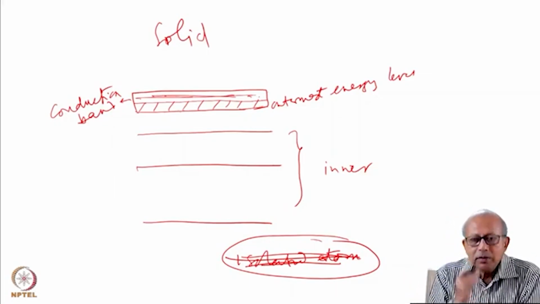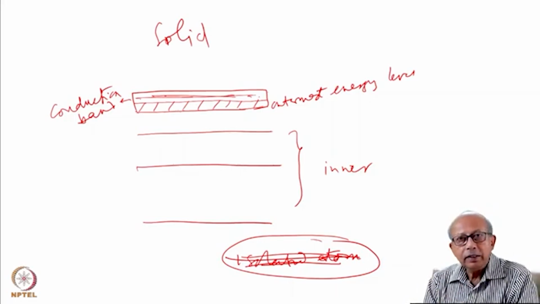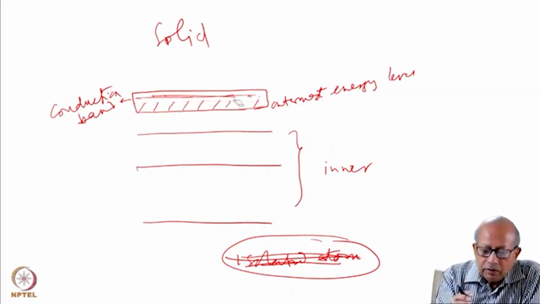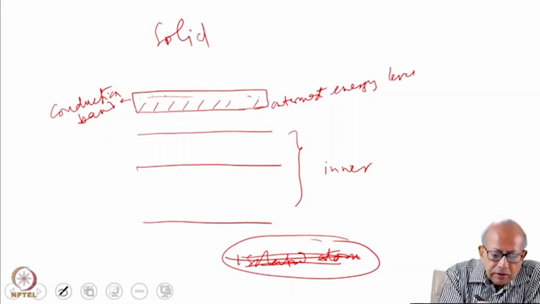Now the material will behave like an insulator when, on the other hand, this energy band is completely full with electrons.